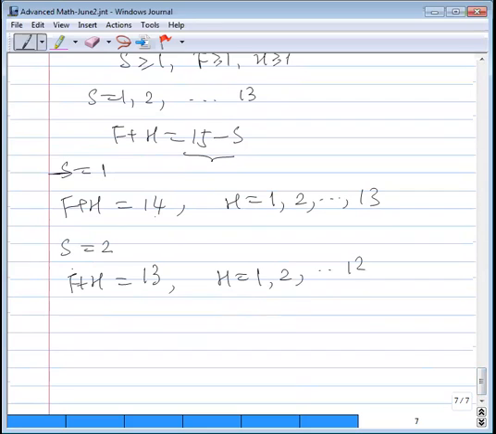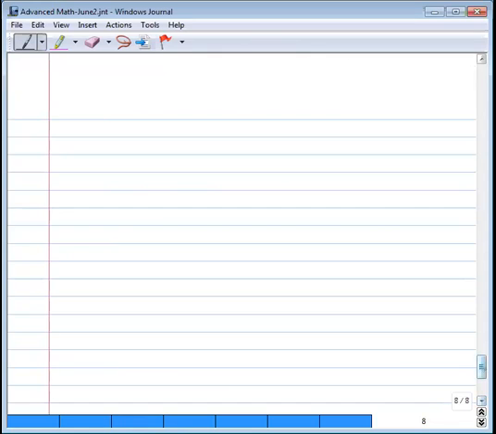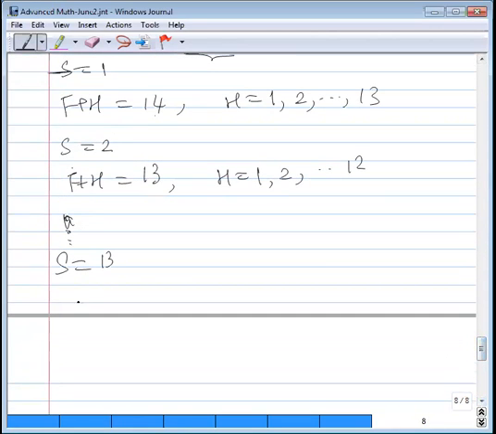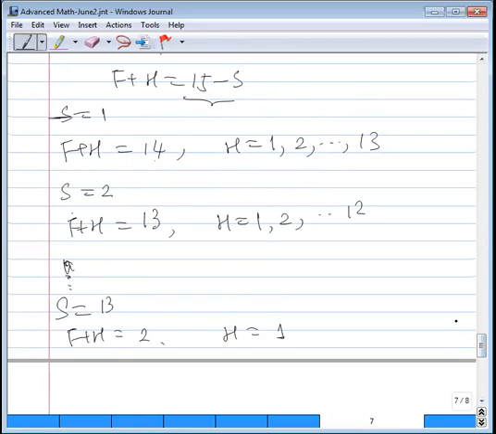But at a certain point, when S equals 13, then F plus H is 2. So H can only be 1. Now it's clear that the number of possible ways to distribute these dimes is just the sum of these numbers.